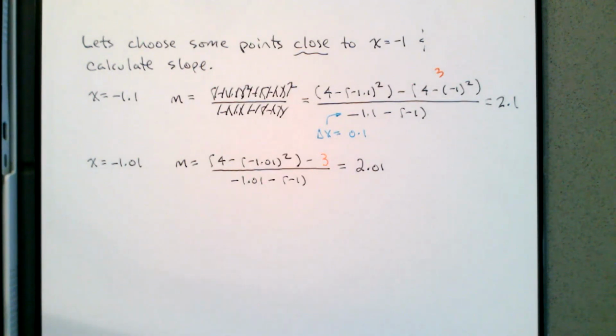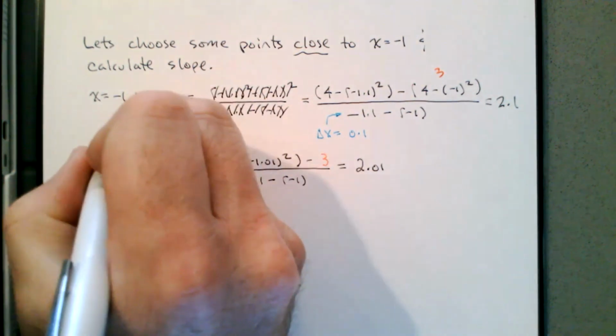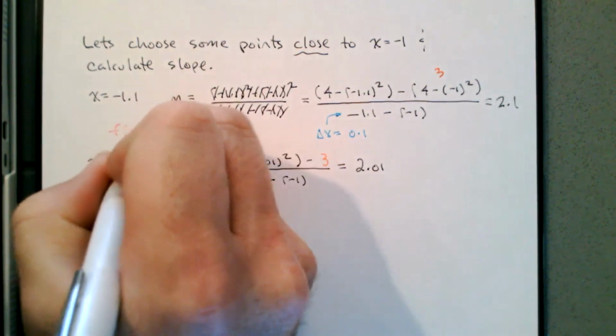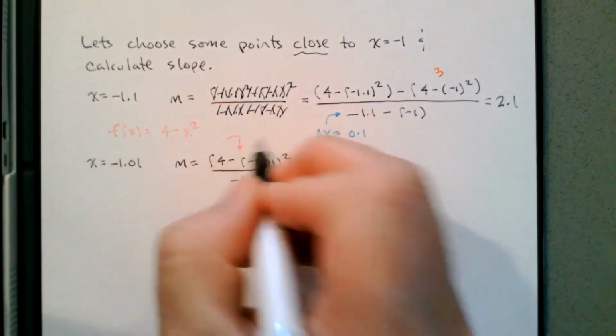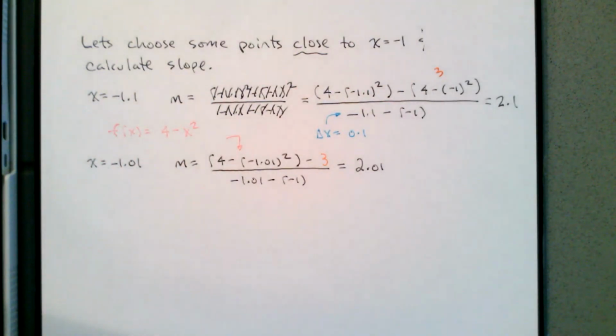So the reason I have 4 minus -1.01 squared is that my function from the previous page was 4 minus x squared. So we're just plugging -1.01 into the function 4 minus x squared.